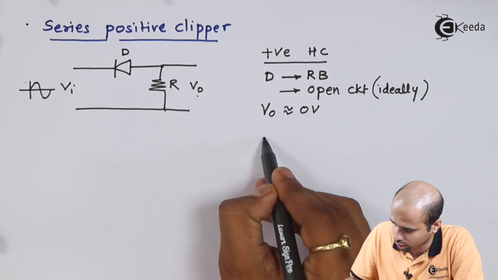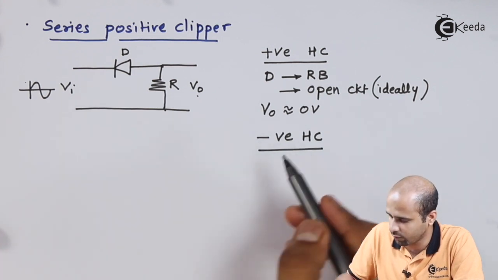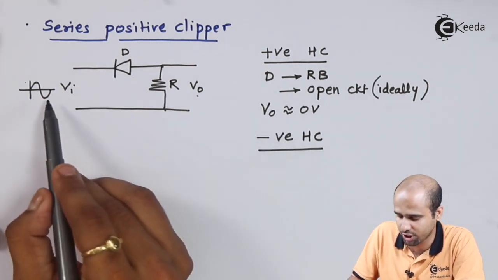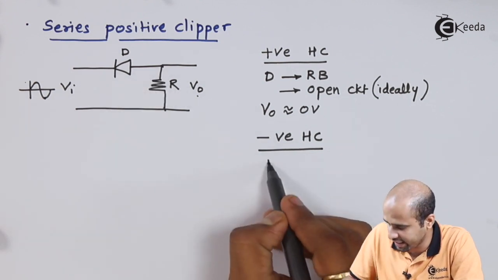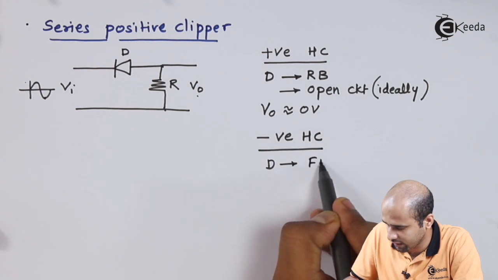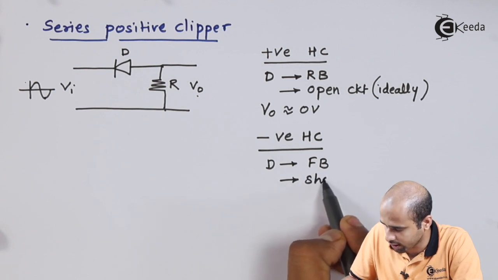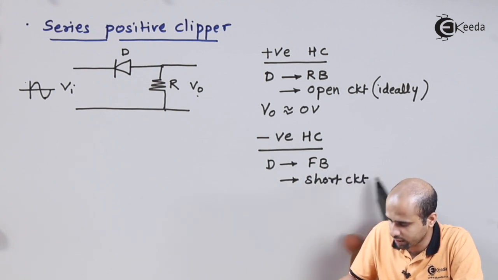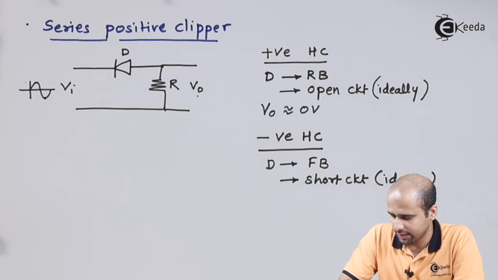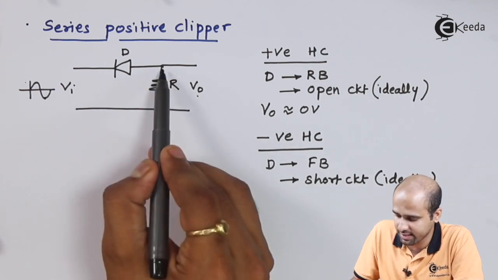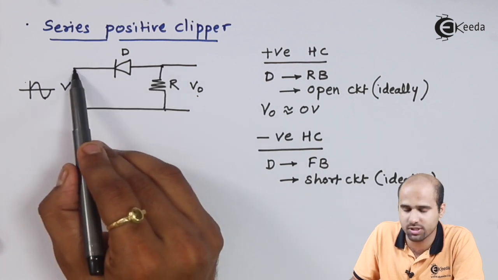Then we will concentrate on the negative half cycle. If we go for negative half cycle, then what will happen? In negative half cycle, the cathode is negative with respect to anode. Then the diode is forward bias. If diode is forward bias, then ideally this diode will be short circuited. If diode is short circuited, the output is connected to input and output will follow the input signal waveform.